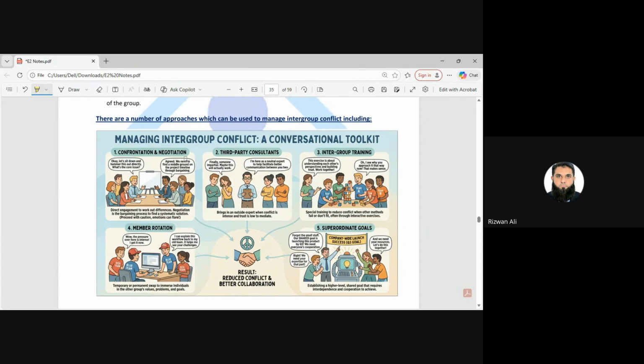I believe intergroup training is a good tool for this. Intergroup training for us? Okay. Yeah. Why? And then sometimes member rotation as well. Because our teams are definitely linked with each other.